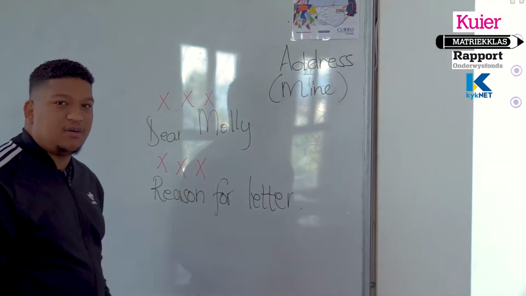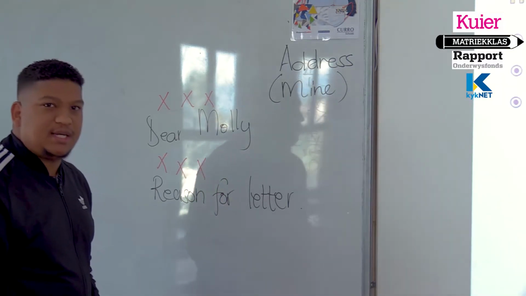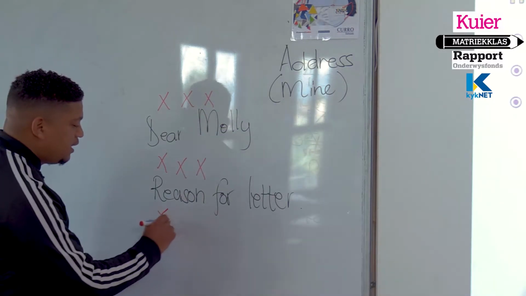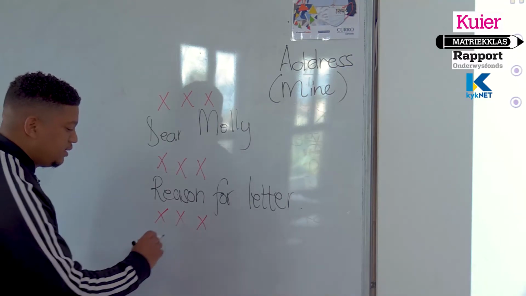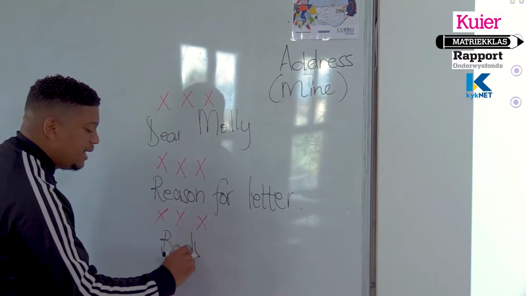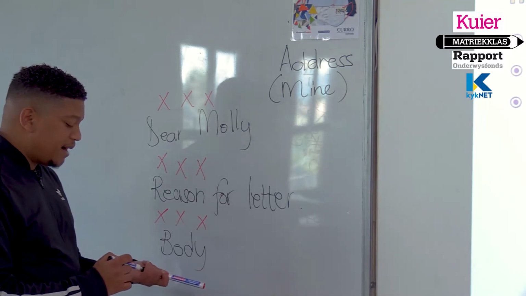And then immediately after my reason in my first paragraph, I'm going to now, obviously, in between my paragraphs, leave lines. And in the body, I'm going to further on the letter, which contributes to what comes from my topic.